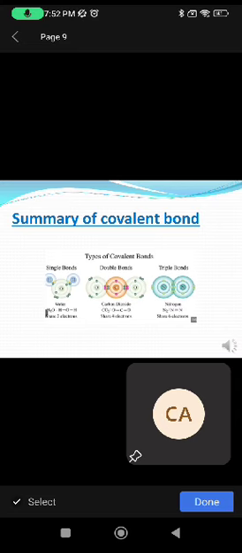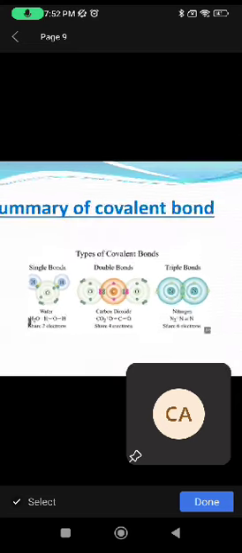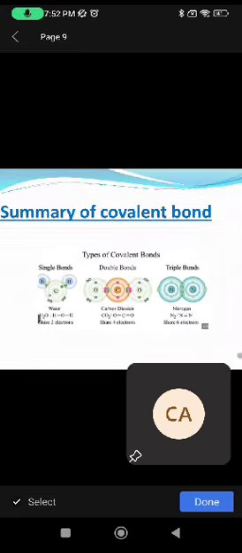Then we have the summary of covalent bond. As you can see in this diagram, we have various structures of the types of covalent bond. We have the single bond, the double bond, and the triple bond. For the single bond, we have its example here. It's water.